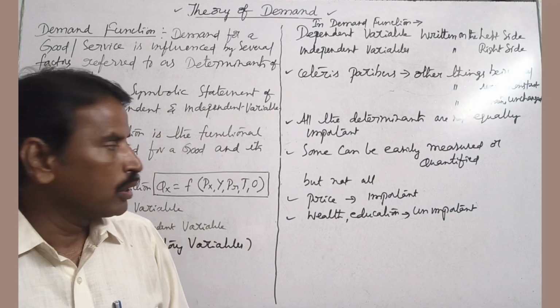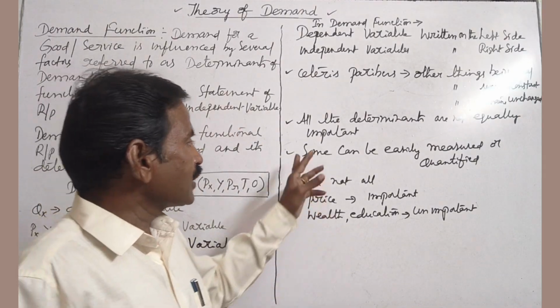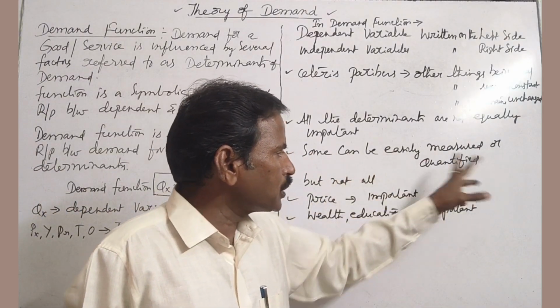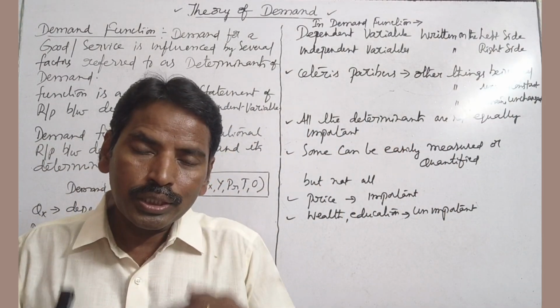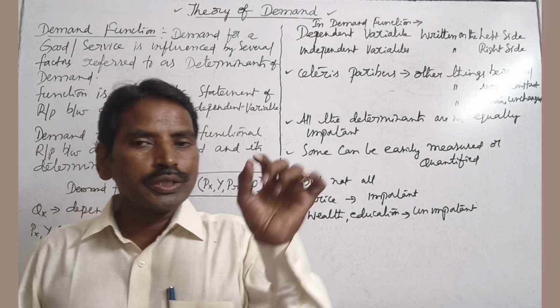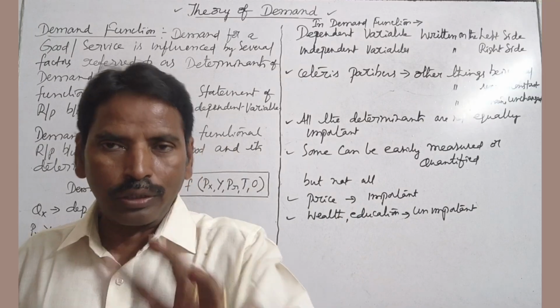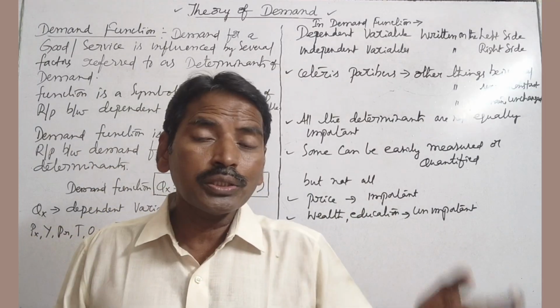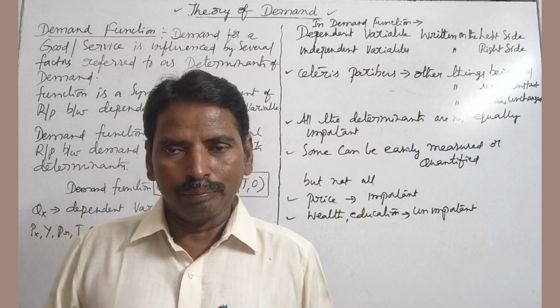Among the determinants, some can be easily measured or quantified. Price of the commodity can be easily measured in terms of money. Prices of related commodities can be measured in terms of money.